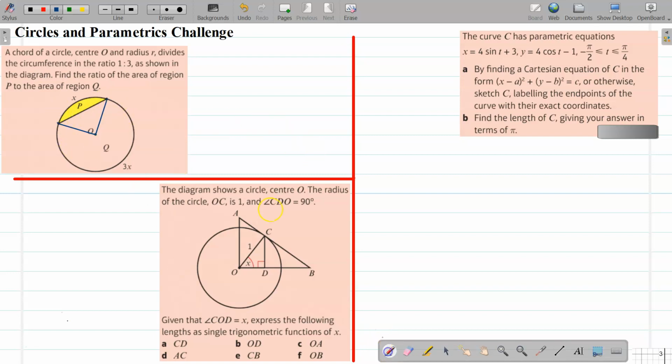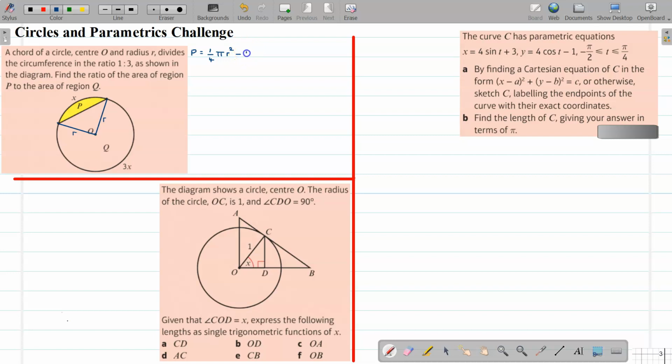We know that we have a radius r, so we have enough information now to work out quite easily what P is. So the area P is a quarter of a circle, so it's a quarter of pi r squared. Okay, and that needs to have subtracted from it the area of the triangle.